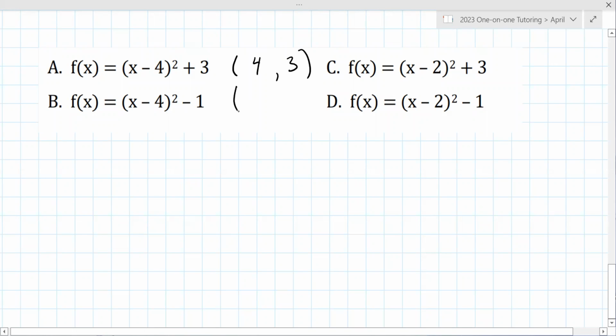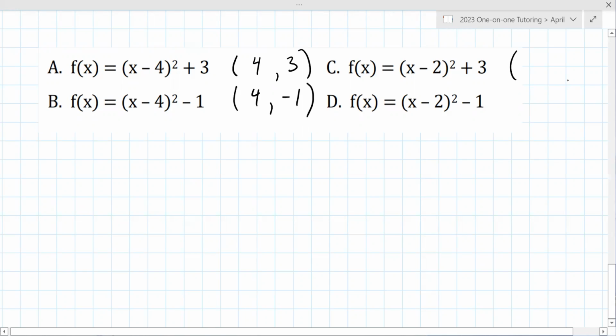Can you tell me the vertex of B based on that? Oh, yeah. It would be 4, -1, right? Yes, yes, very good.